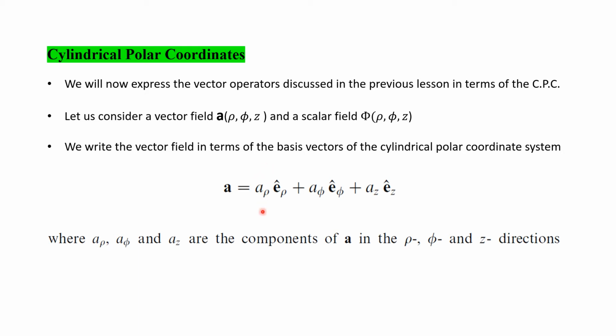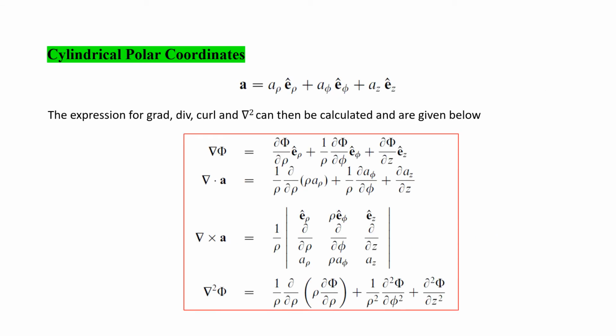It's just here that you have your A rho, A phi, and Az, which are the components of your vector field A in the rho, phi, and z directions. So again, you have your vector field A equal to A rho e rho hat plus A phi e phi hat plus Az ez hat. And the expressions for your gradient, divergence, curl, and Laplacian can then be calculated and are given below.